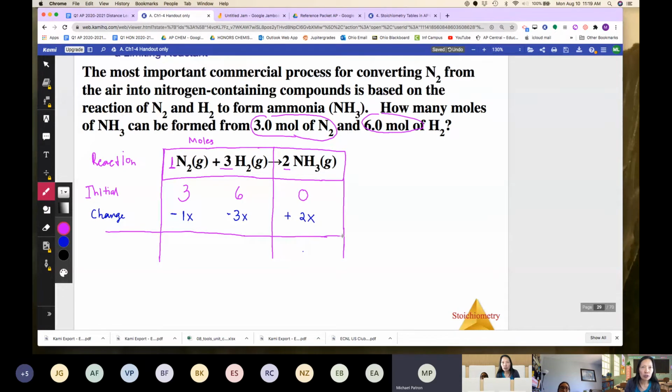Yes. Good. Okay. What I'm going to do is put a number here. I'm going to pretend that I ran out of one of them. Let's pretend I ran out of N2 in the end. So what would X be if I ran out of it?